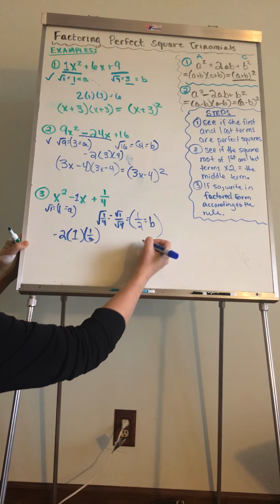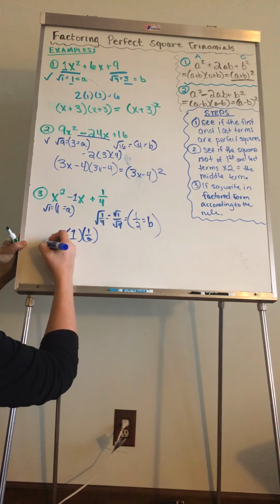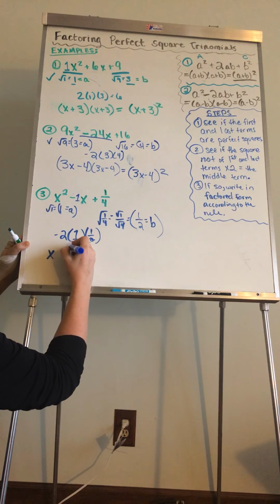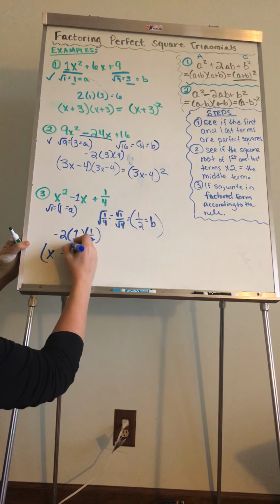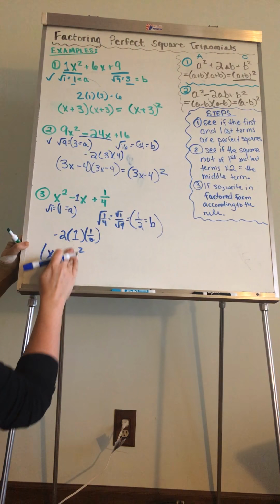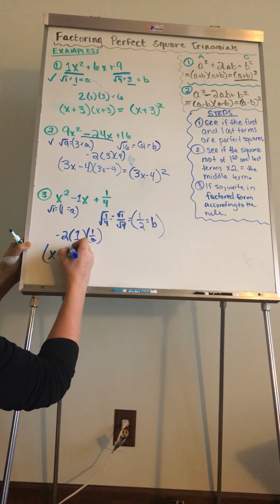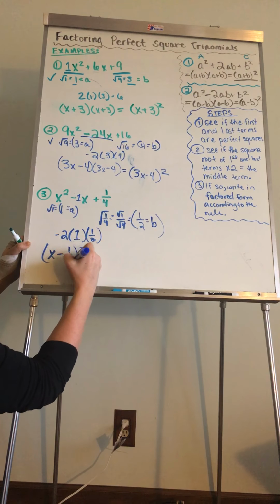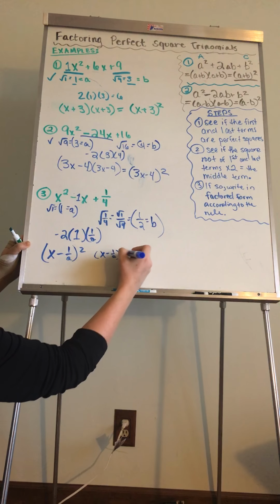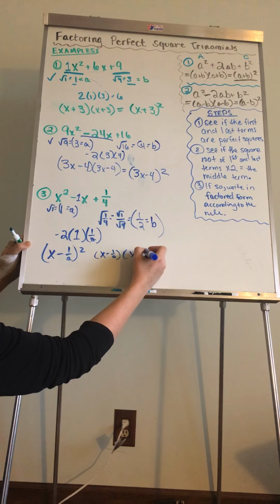So my factored form then is going to be x minus 1/2 squared. And I went ahead and wrote that in condensed form, but you know that it is x minus 1/2 times x minus 1/2.